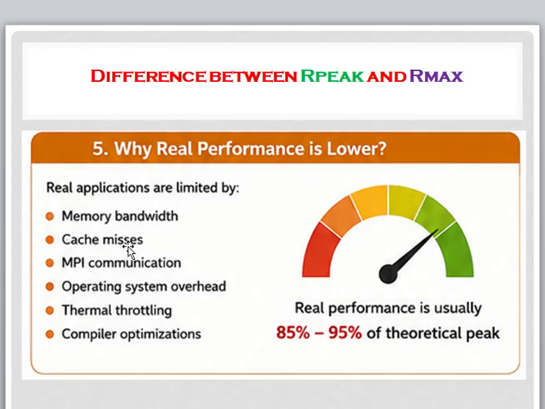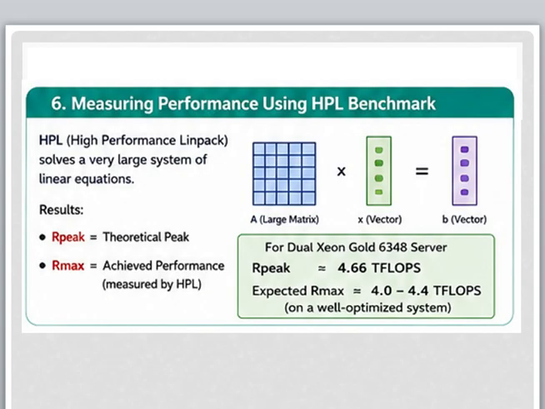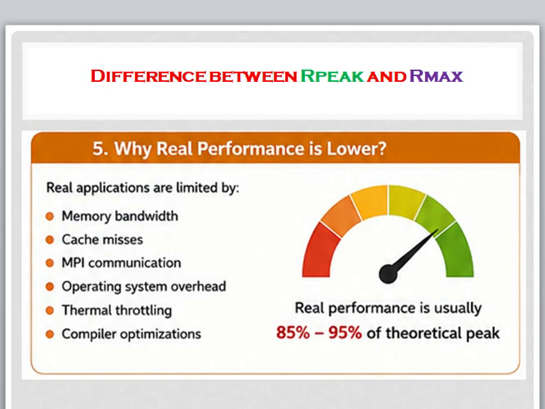Because there are application limitations, memory bandwidth issues, MPI communication, operating system overhead, and compiler optimization. Because of these factors, the real performance is usually between 85 to 95% of the theoretical peak.